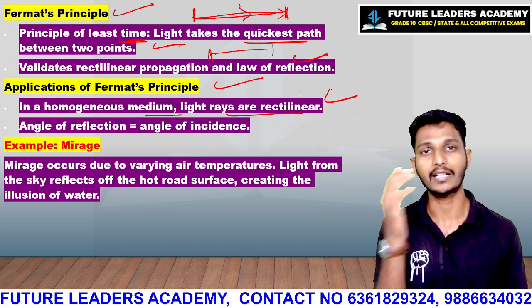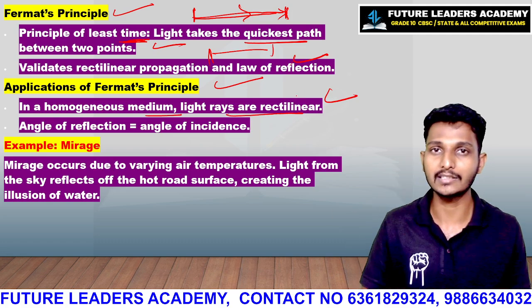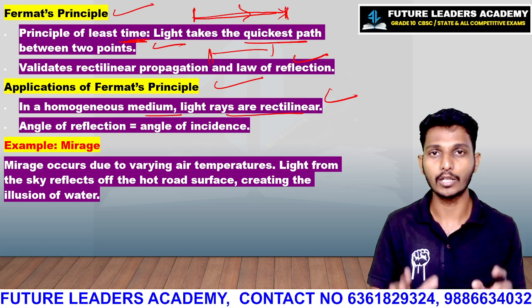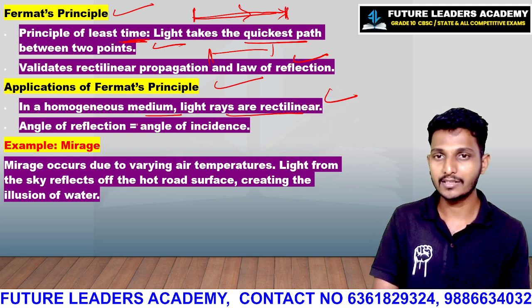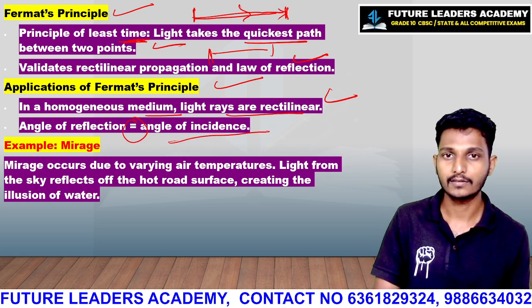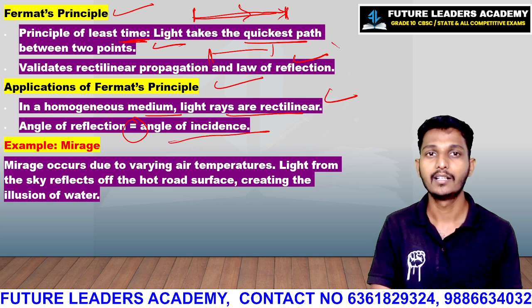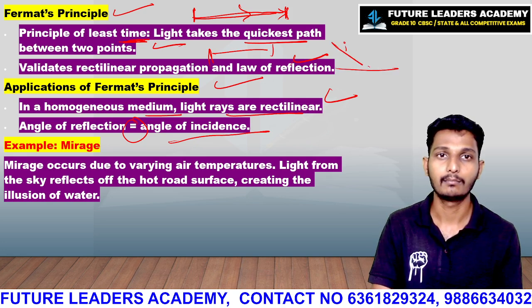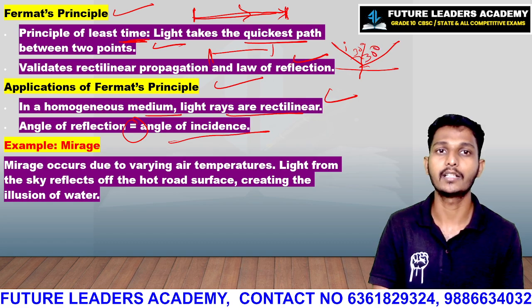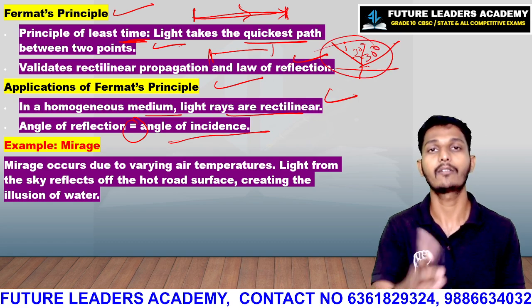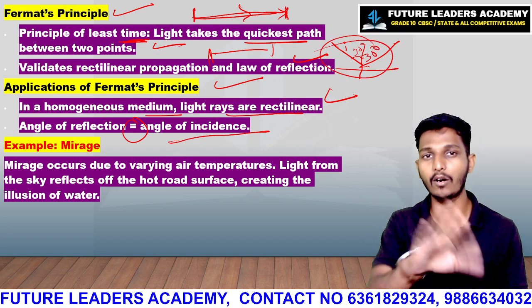If it is a straight line, if it is rectilinear propagation, we can consider that a homogeneous medium. And the angle of reflection is equal to the angle of incidence. Whichever I said, if the incidence is 30 degrees, this also must be 30 degrees. Both must be equal. This is the first law, and the second law says all will be in the same plane.